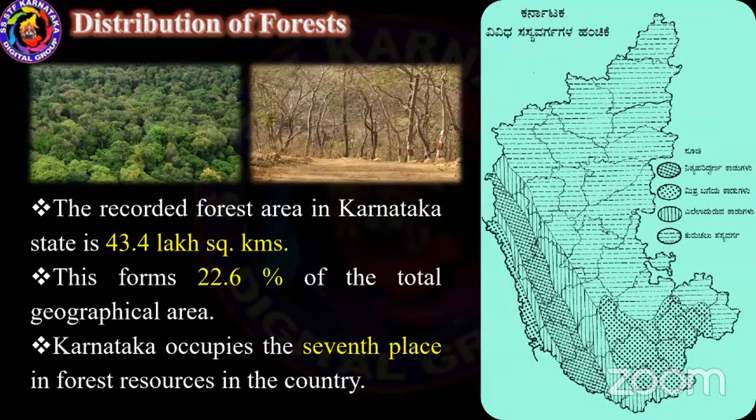Karnataka occupies 7th place in forest resource in the country. Among all the 28 states, Karnataka is the 7th largest state in forest resources.